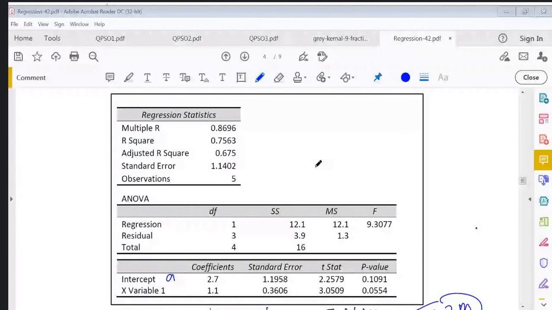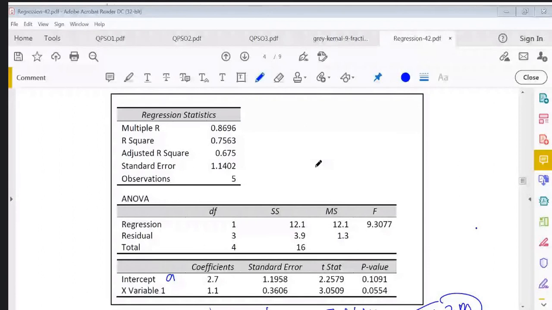For this one, the hypothesis is not mentioned as positive or negative, so just use this one, not alpha.